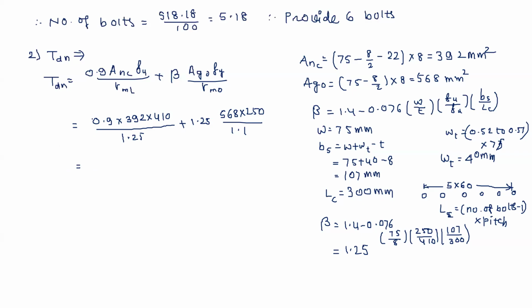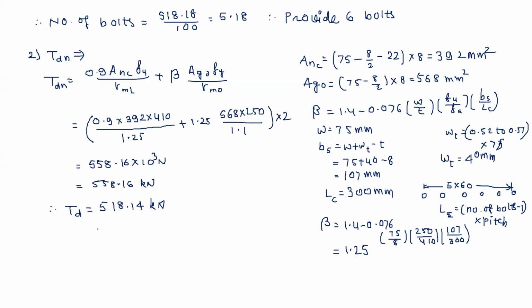So we have to multiply it by 2. And then we have this value 558.16 into 10 raised to 3 newtons, which will be 558.16 kilonewton. So minimum of TDG and TDN. Therefore, TD equal to 518.14 kilonewtons.